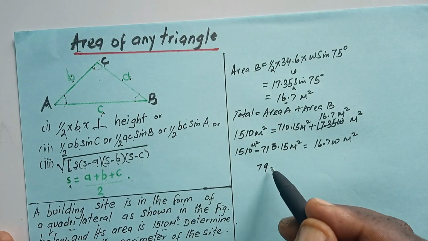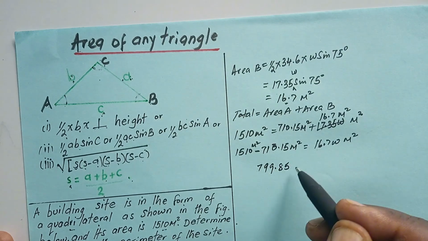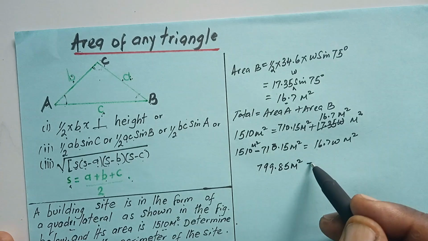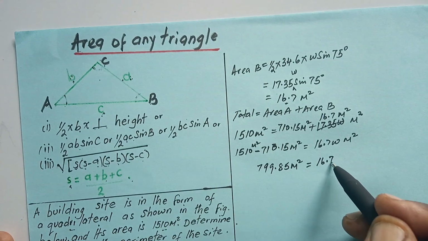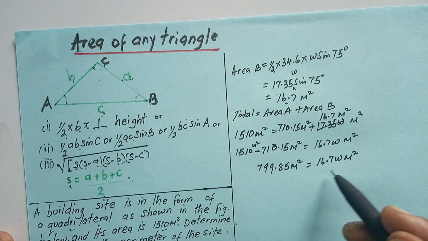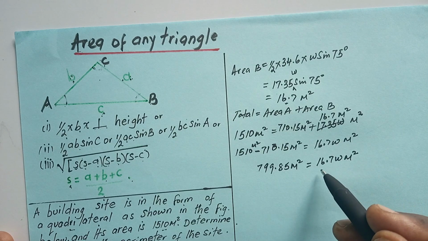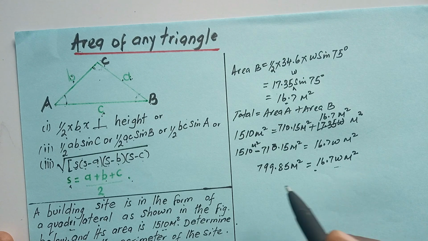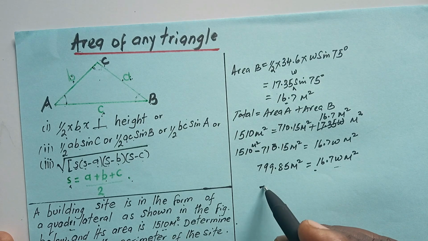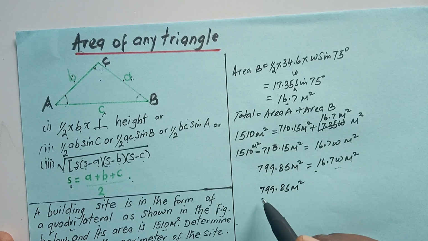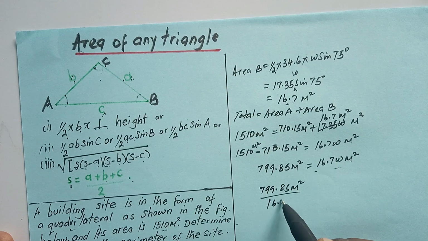So 799.85 square meters is equal to 16.7 W square meters. So to be able to get W here, we divide this side by 16.7, divide this side by 16.7.